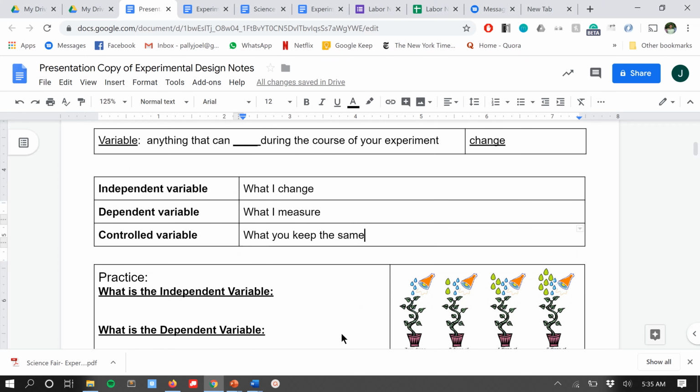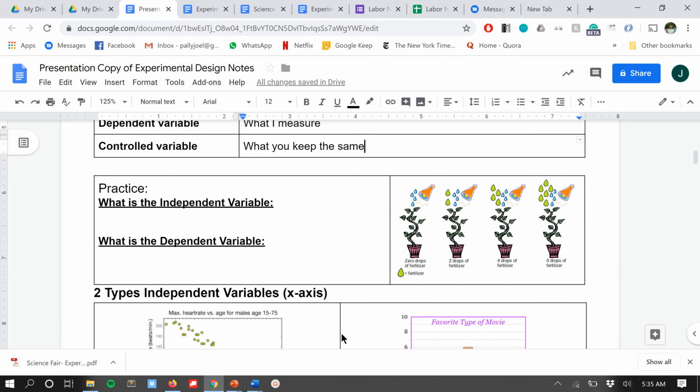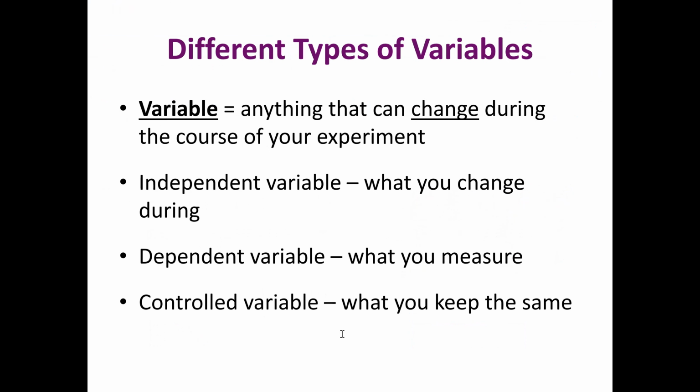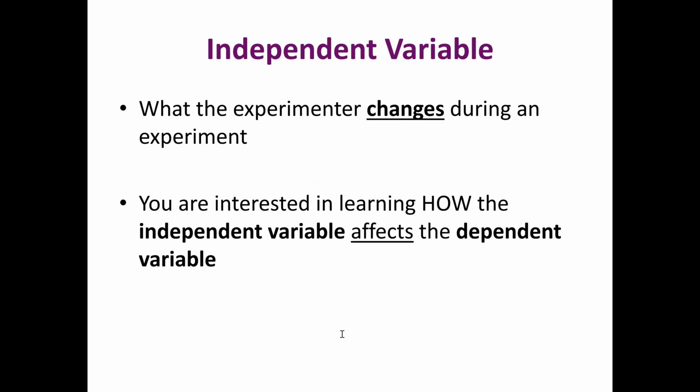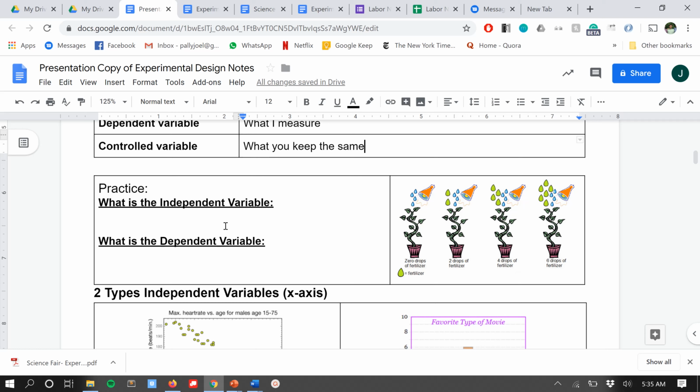Okay. So now we're going to go into a practice example. I want you to take a look at this situation here, our previous experiment with the plants. What is our independent variable in this situation?